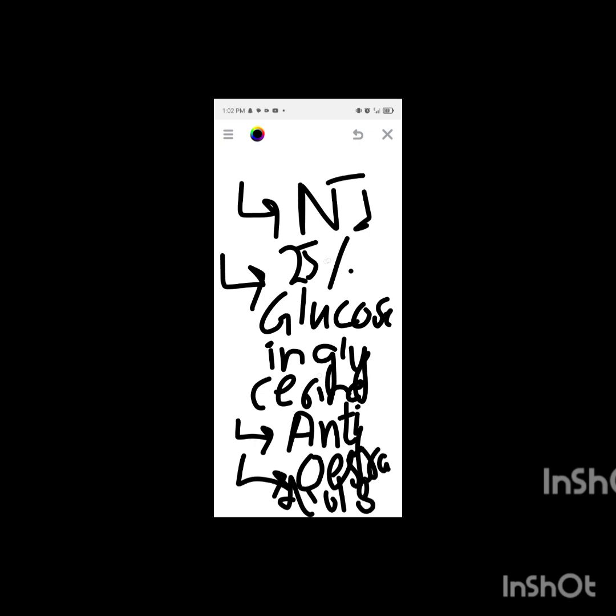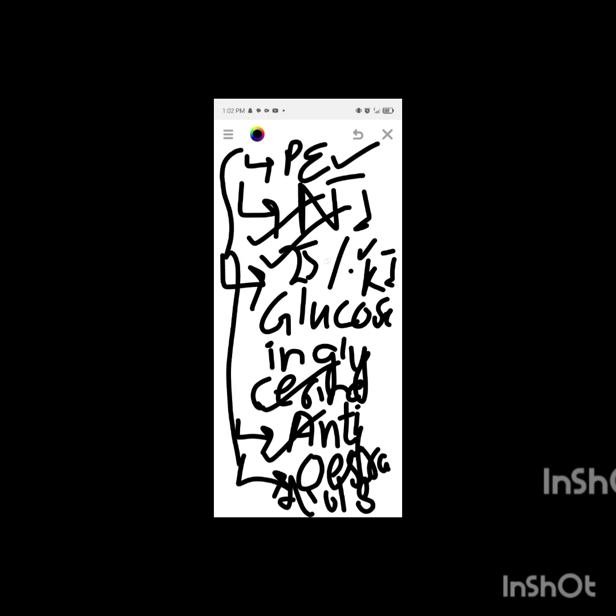And then we also use placental extract, streptomycin, and potassium iodide. Nasal irrigants, 25% glucose in glycerine, antibiotics, estradiol spray, placental extract and potassium iodide. This is the treatment of atrophic rhinitis.